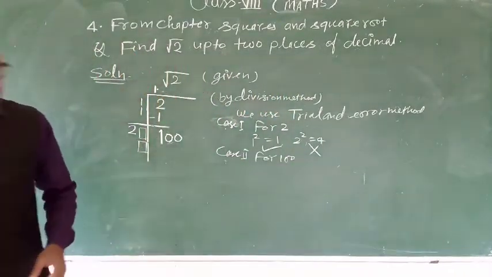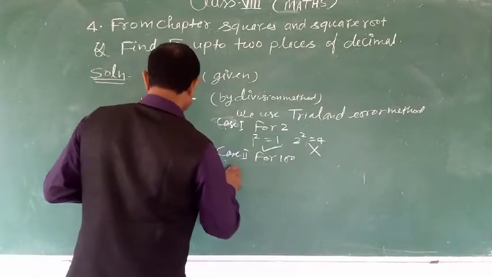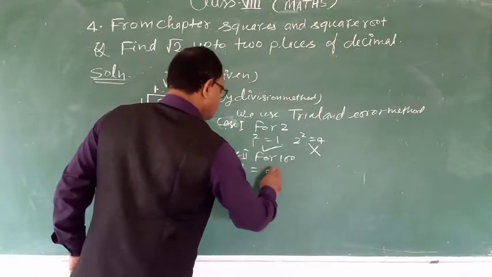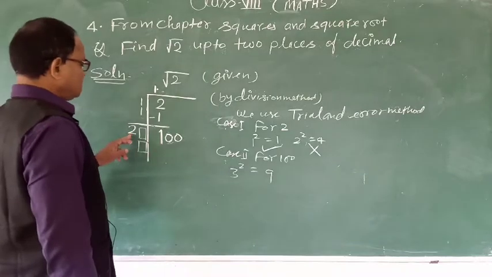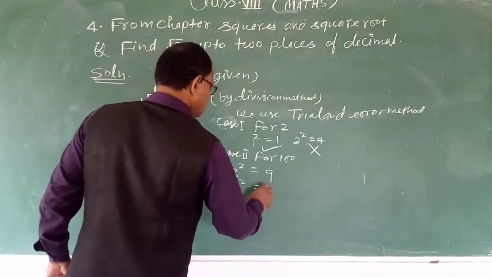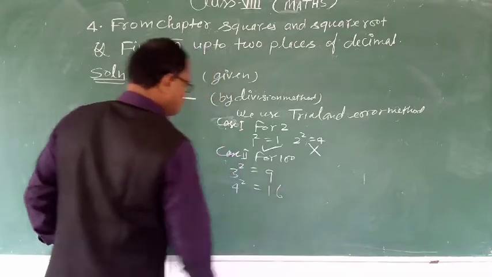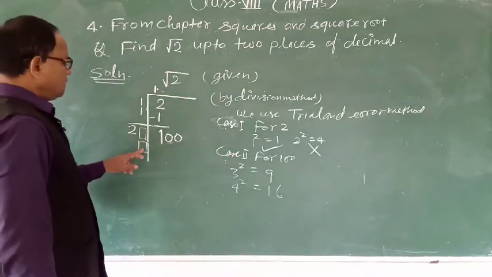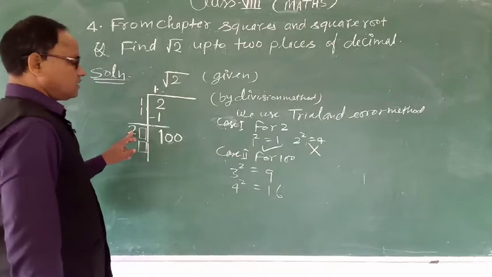Here 3 square is equal to 9, 3 2s are 6. Here 4 square is equal to 16, 4 16 and 4 2s are 8.